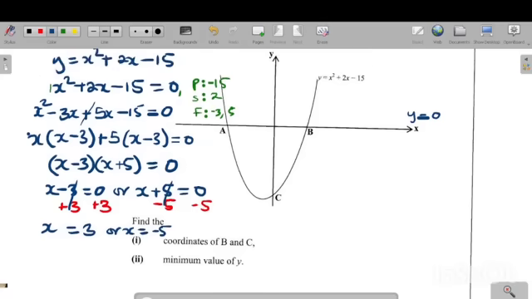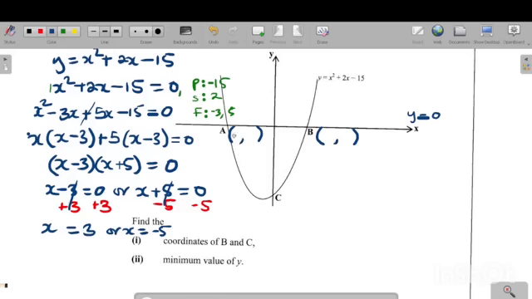All right, so which means that here at A, you can have the coordinates here. Even here, we can have the coordinates. Okay? So, when you look at these two answers, which one is negative? Of course, A is negative.